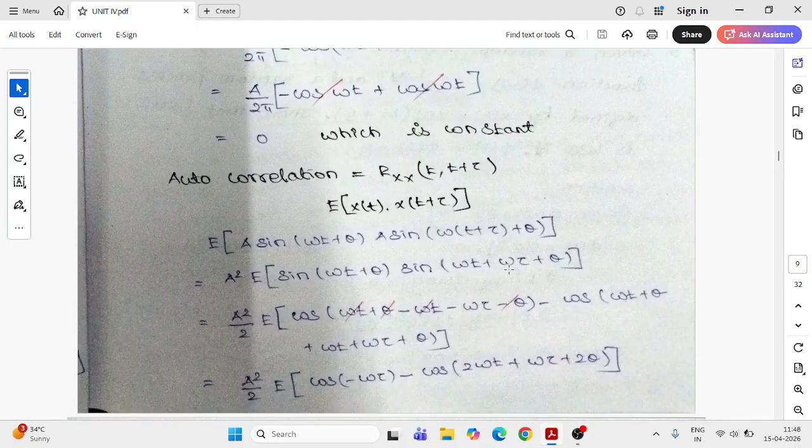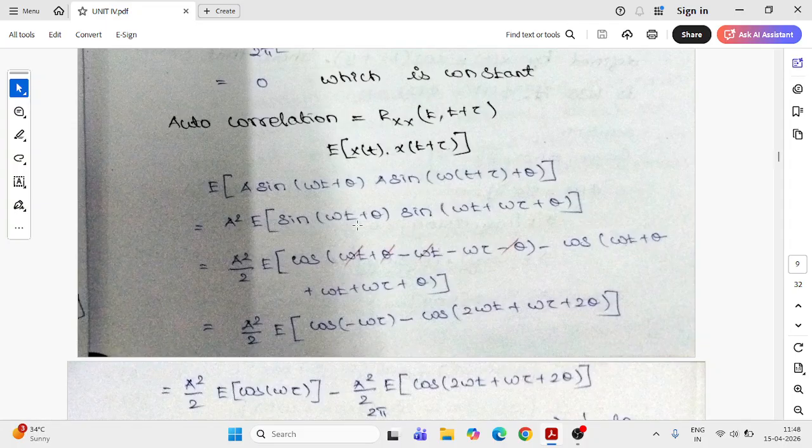Next we go for autocorrelation. Autocorrelation is R suffix xx of t comma t plus tau, which is nothing but expectation of x of t into x of t plus tau. X of t means a sin(omega t plus theta) and a sin(omega t plus tau plus theta). Here two a terms are there, so a square is taken out.